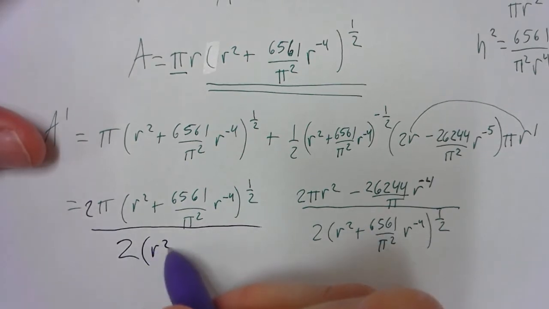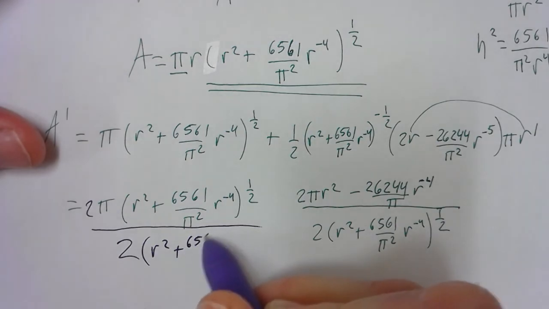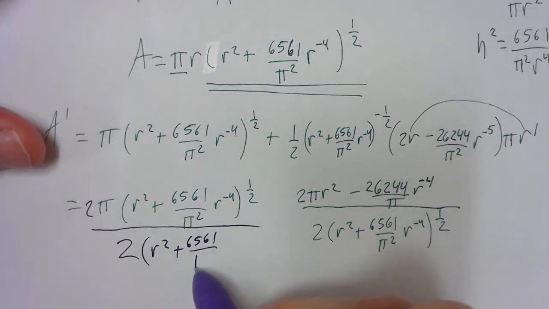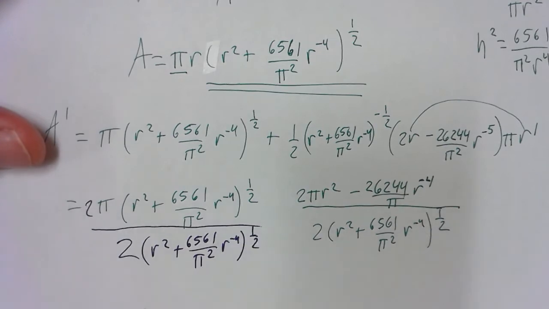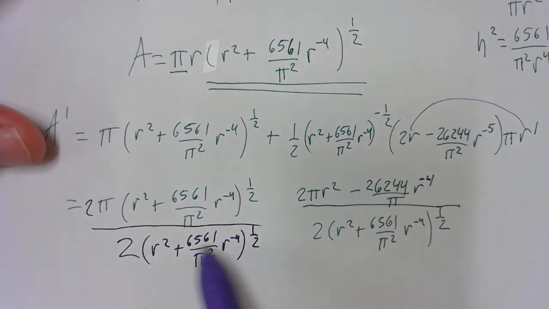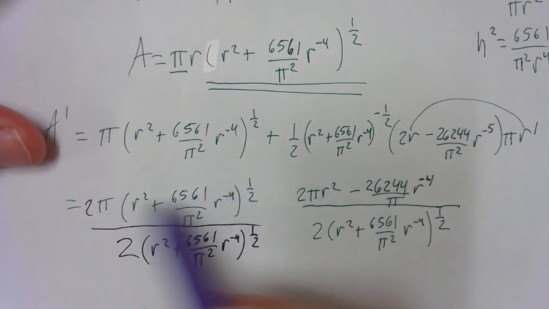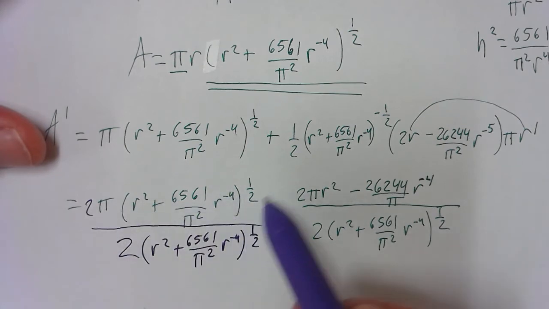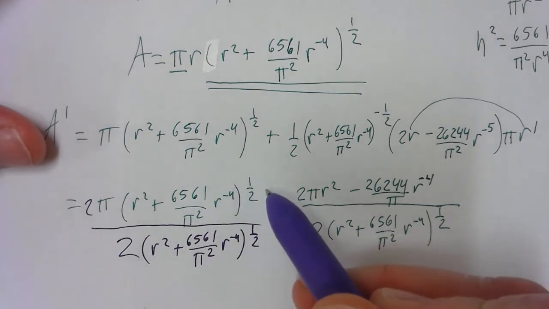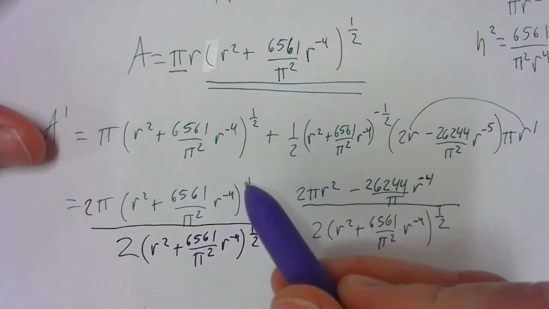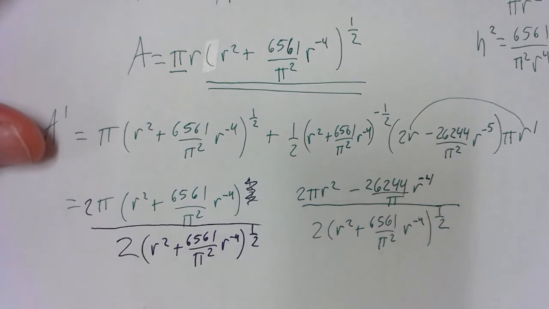R squared plus 6561 over pi squared r to the negative 4th to the 1/2 power. Okay, so if I put one of these on the bottom, I need one on the top, which is exactly what this is. And if you put 2 of them on the top and you multiply them together, you get 1/2 power times the 1/2 power is going to be 1. So there's really just the 1 power there.